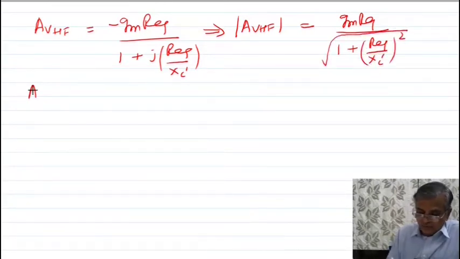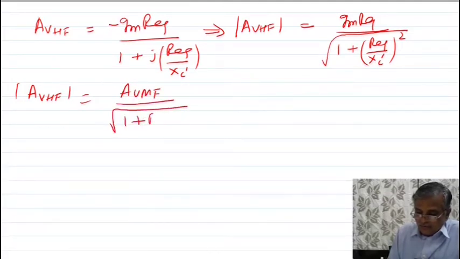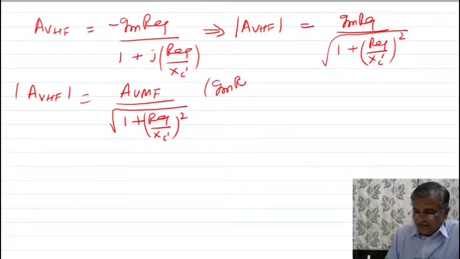So AVHF is the gain of mid frequency upon root of 1 plus R equivalent upon XC dash whole square. You know, GM R equivalent is nothing but the gain at mid frequency.